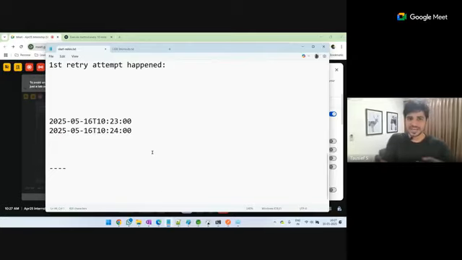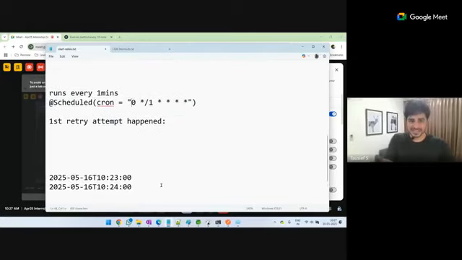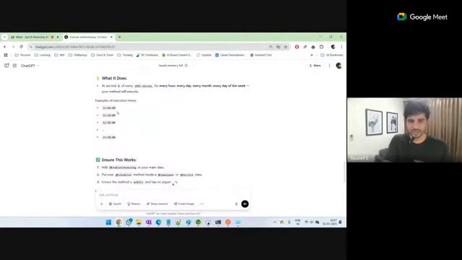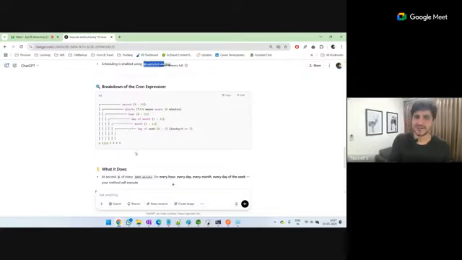What further ChatGPT is telling, this example, they just broke it down into multiple sections. Each of the values represents a particular configuration. For example, the first value represents seconds, then minute, hour, day of the month from 1 to 31.